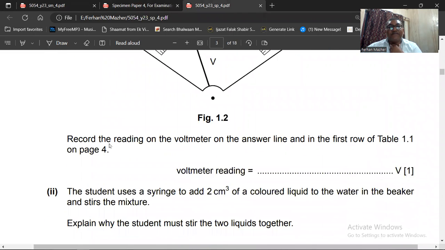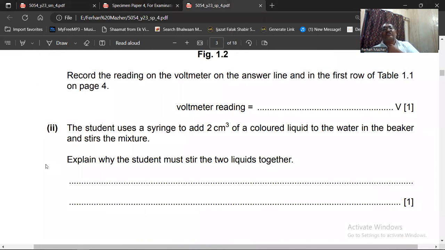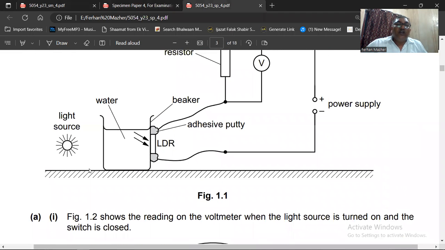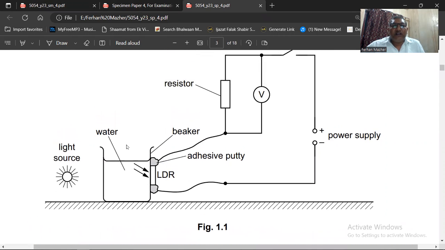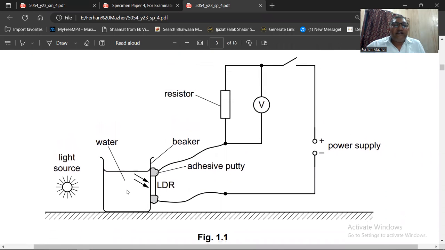Then they say the student uses a syringe to add 2 cm³ of a colored liquid to the water in the beaker and stirs the mixture. Explain why the student must stir the two liquids together. The student adds 2 cm³ of colored water to change the color of this water, and before doing the experiment, he stirs the water.